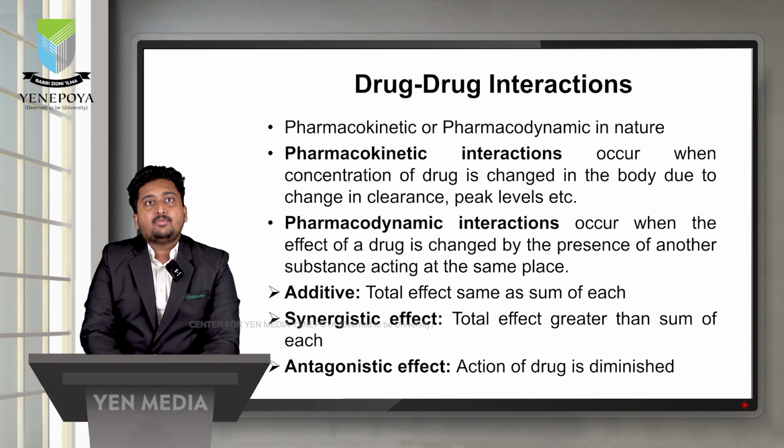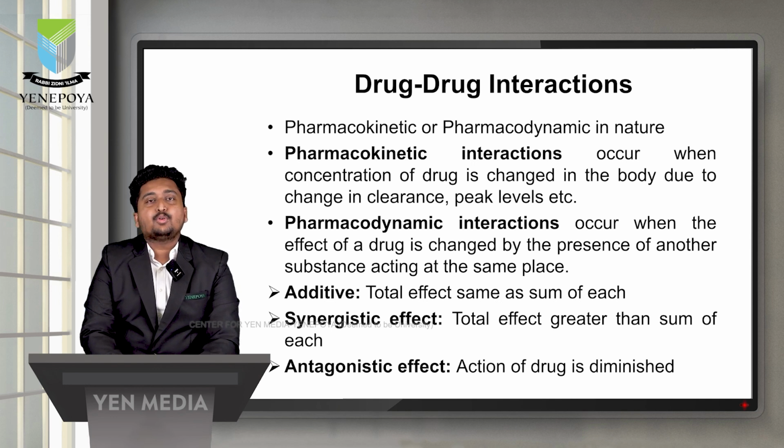That means how the absorption, distribution, metabolism and excretion of a drug will be changed. That is about pharmacokinetic interactions, whereas pharmacodynamic interactions occur when the effect of a drug is changed by the presence of another substance acting at the same place.